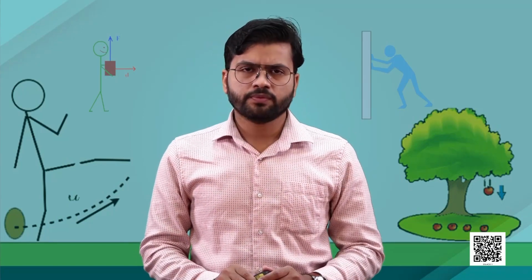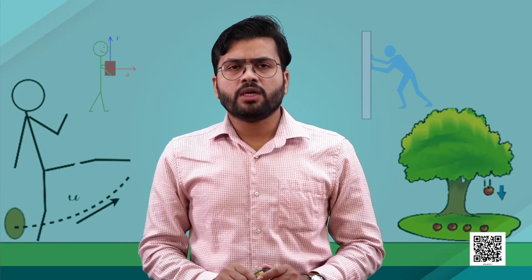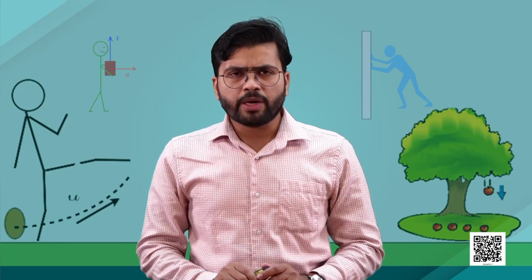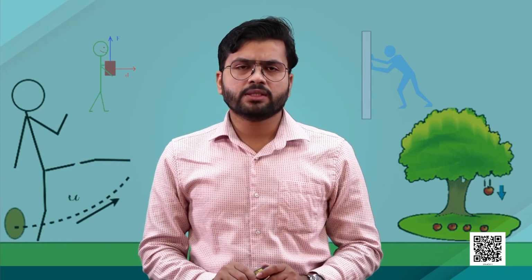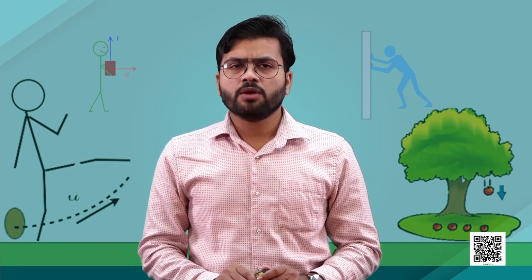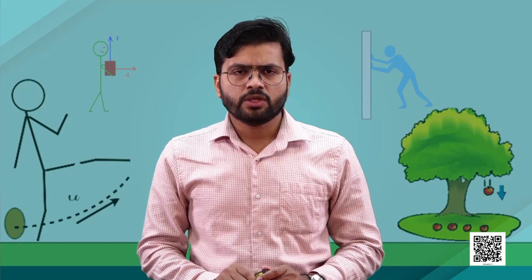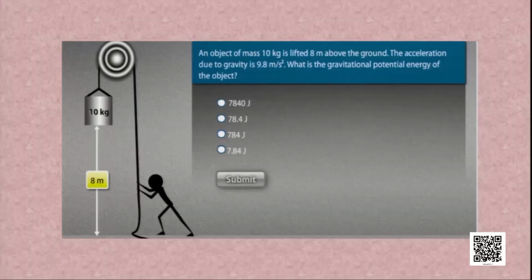My dear students, today we will conclude our lesson with this, but before that we will solve another numerical related to gravitational potential energy. So, here is the question in front of you. An object of mass 10 kg is lifted 8 meter above the ground.